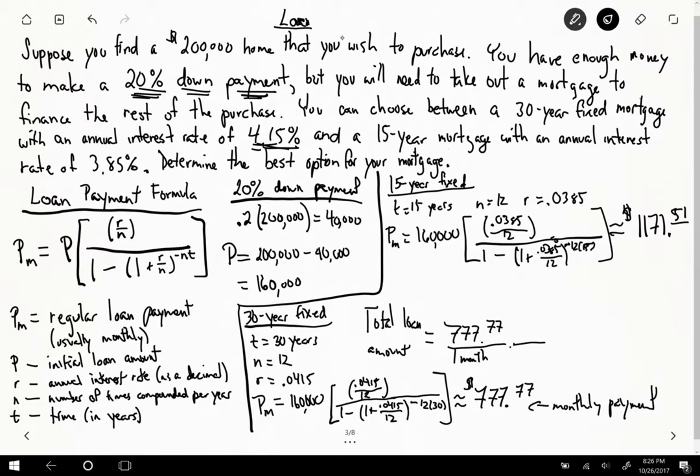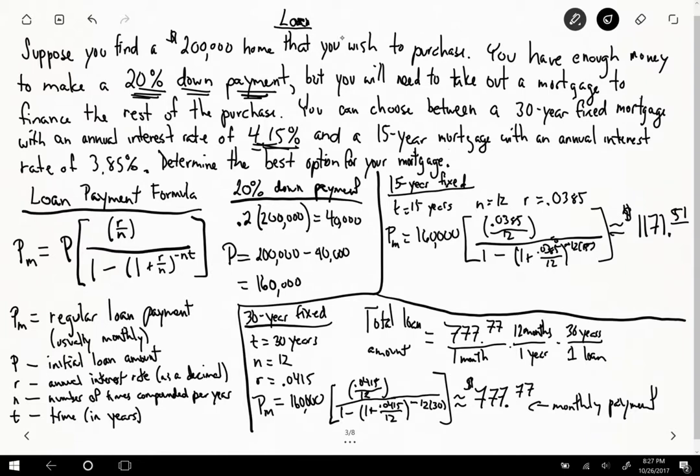And notice there's 12 months per 1 year. And for this loan, for the 30-year fixed, and we'll figure out the other one here in a second, what you're looking at is 30 years per one loan.